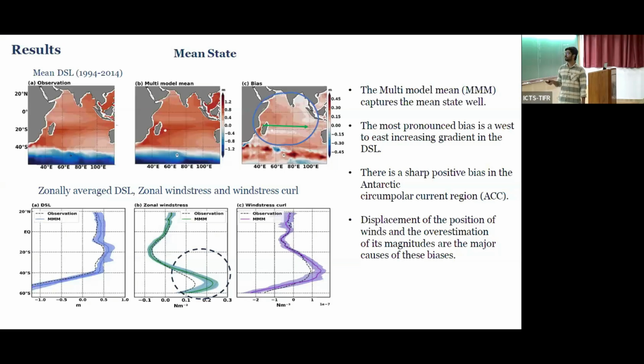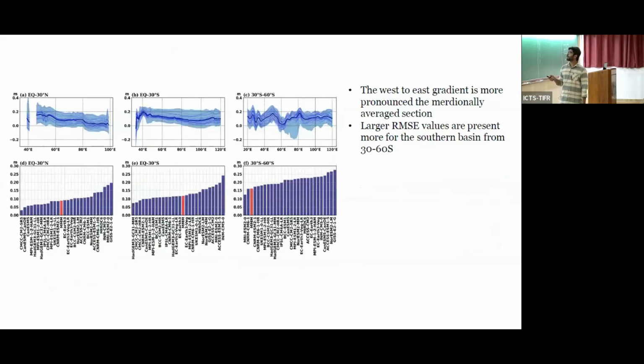So this is possibly due to the displacement of the equatorial and the mid-latitude westerlies. So this representation of wind stress has to be better in order to get a better representation of the mean state.